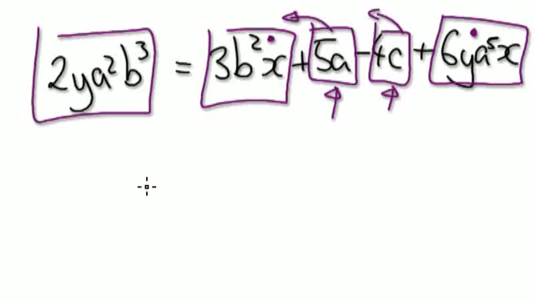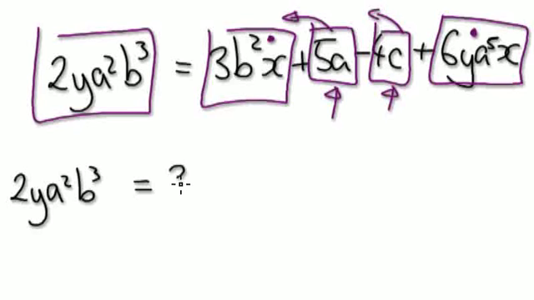Okay, so I'm going to add 5a to both sides. So this here equals 3b squared x. Sorry, hang on, let's start again. Sorry, I'm going. All right, we are here now. Okay, we are going to get rid of this 5a.